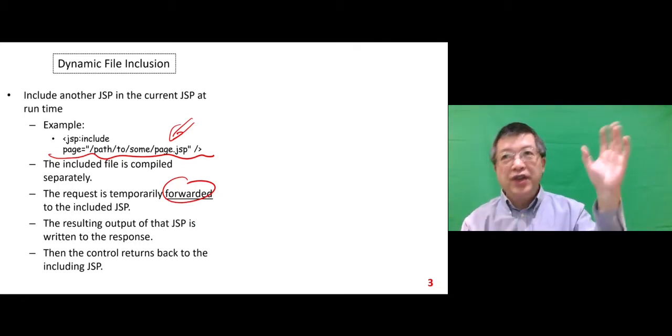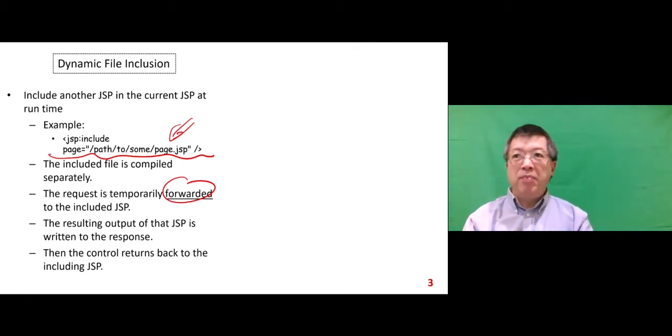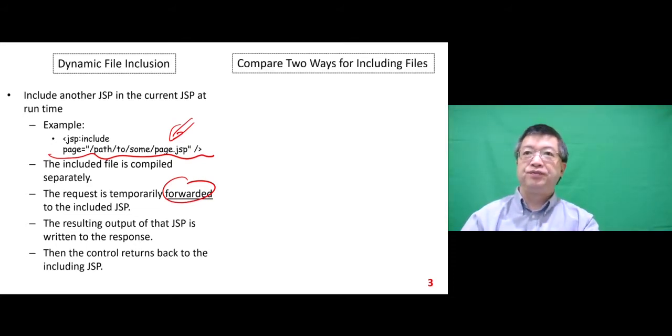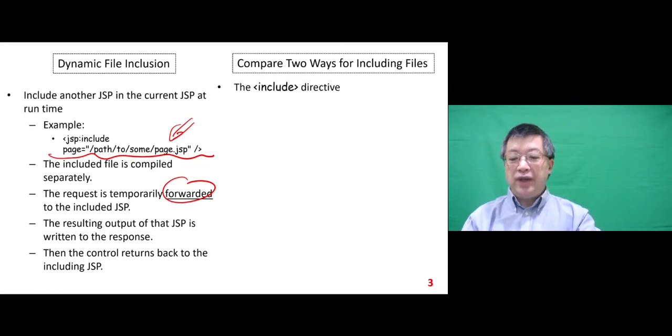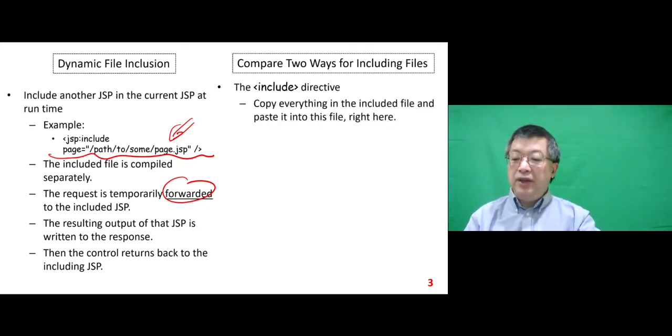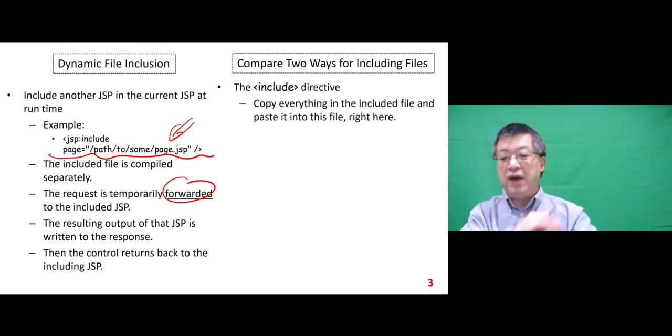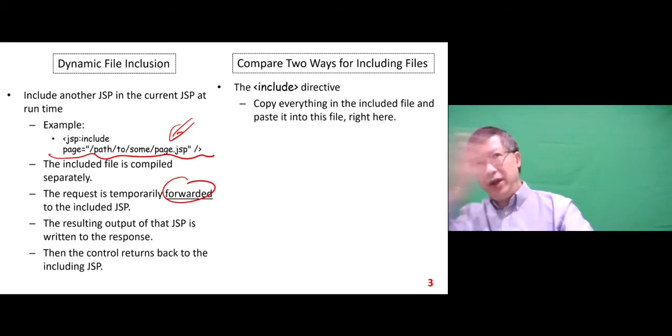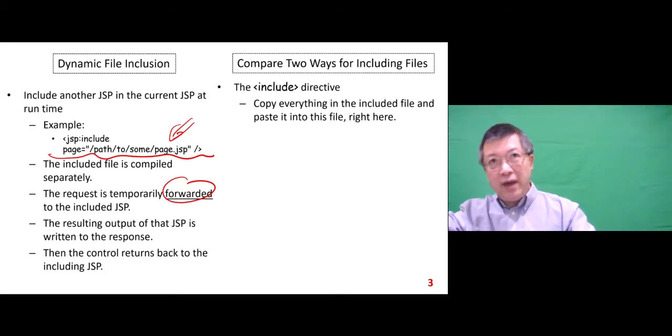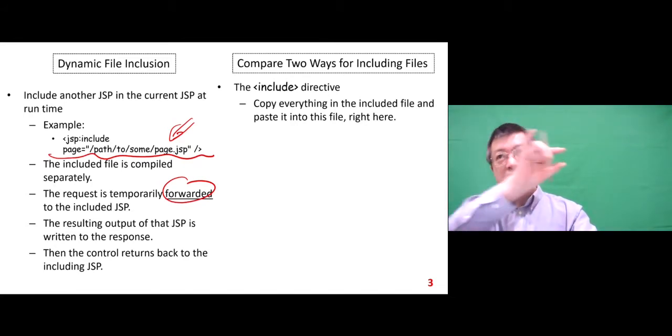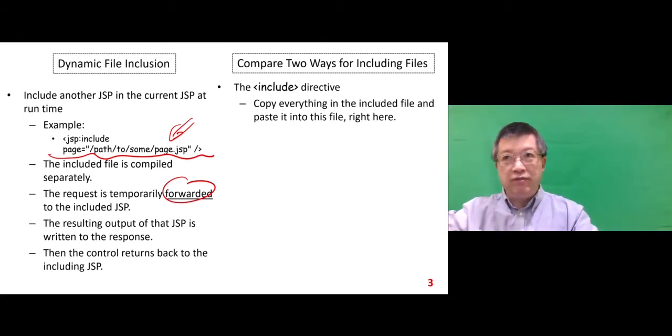With this understanding, now we can compare two different ways of including files. The first way, the include directive, is the static way. How does it work? Copy everything in the included file and paste it into the current file, right at the place of the JSP directive line.